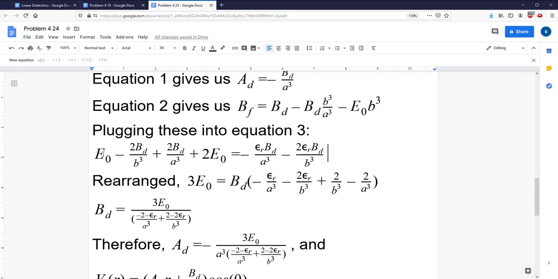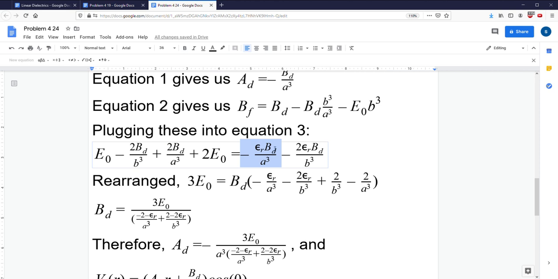So E naught and 2 E naught, I combine them to 3 E naught, and all the terms linear with BD I move to the right-hand side. So 2BD over b cubed became BD times 2 over b cubed. 2BD over a cubed, move that to the other side, became negative 2 over a cubed.